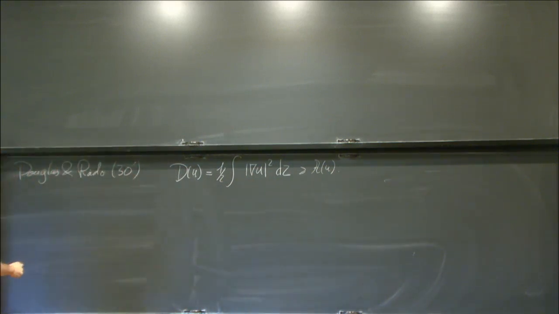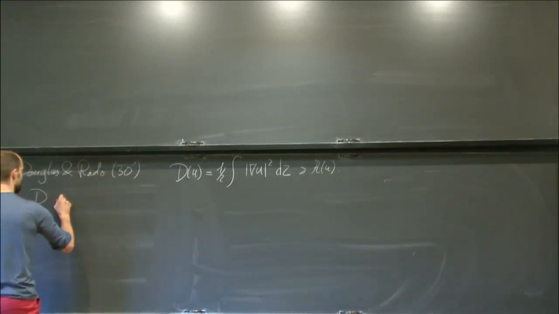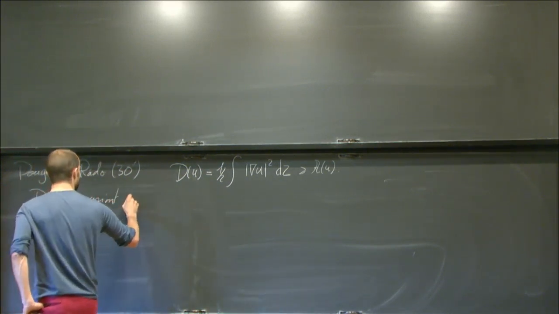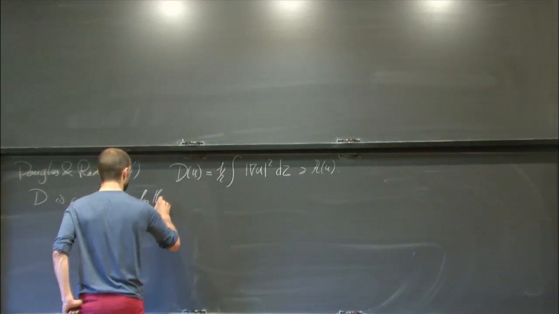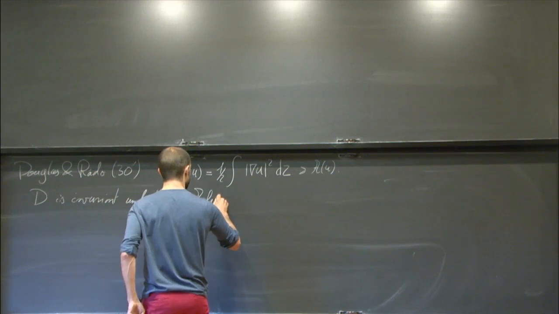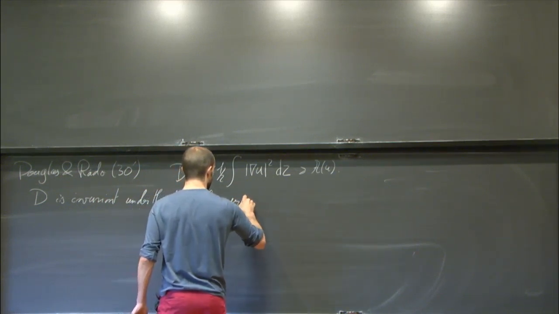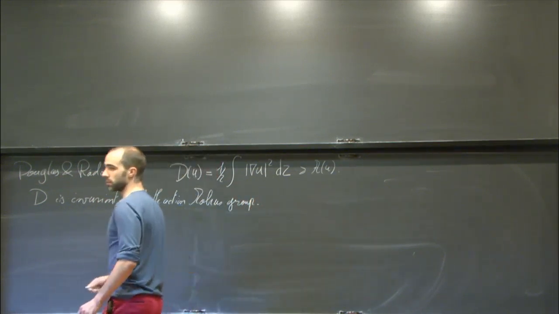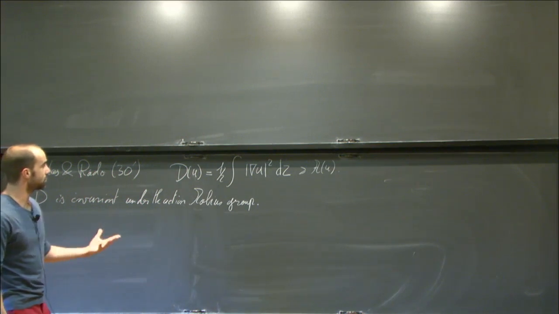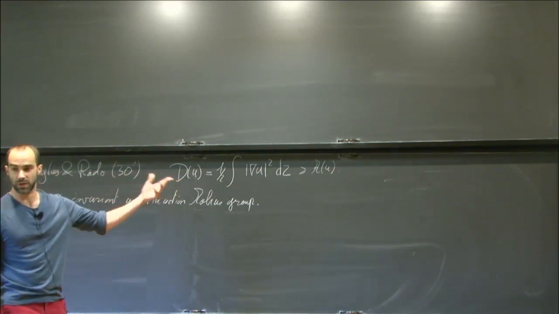The Dirichlet functional is only invariant under the action of the Möbius group, which is smaller, it's a finite dimensional group. So Douglas and Radó managed to minimize this functional, and you have to remark that if you have a critical point of D, it's also a critical point of A.